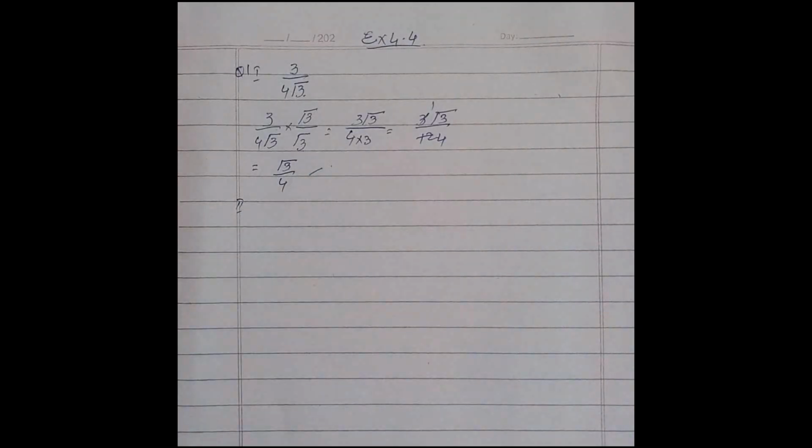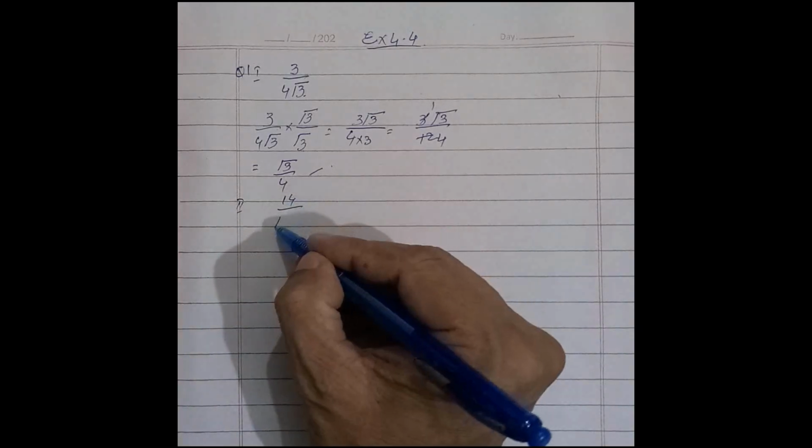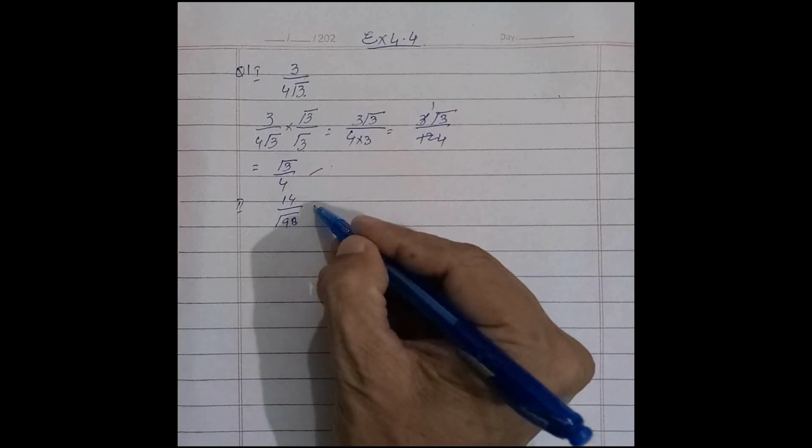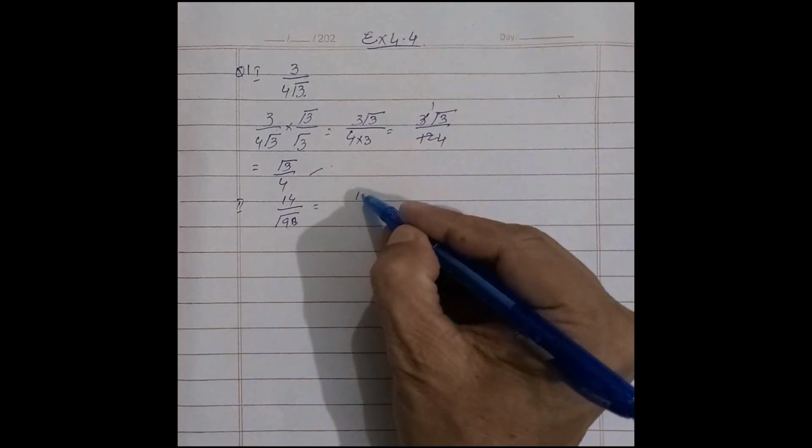And the same for question number 1 part 2, 14 over square root 98. First we factorize and simplify the denominator.